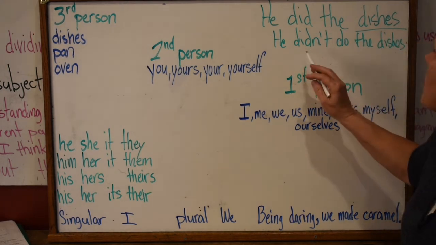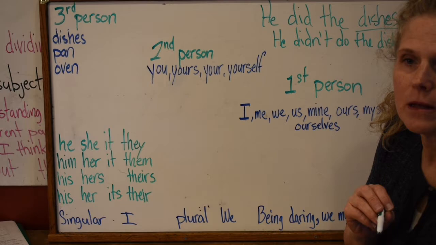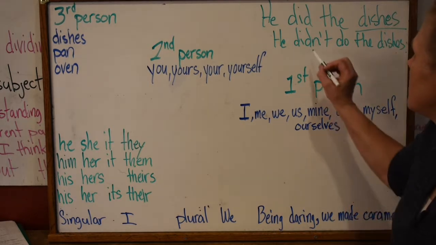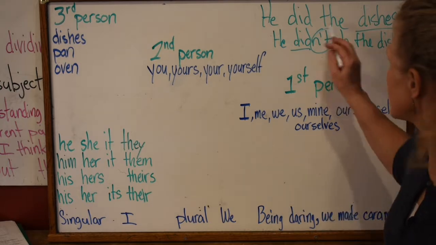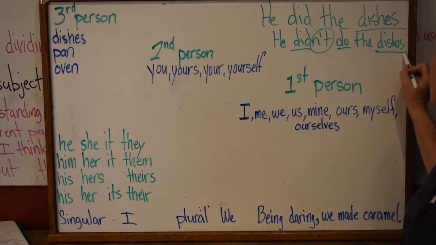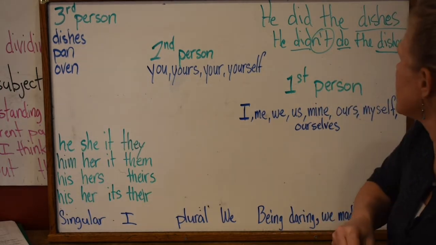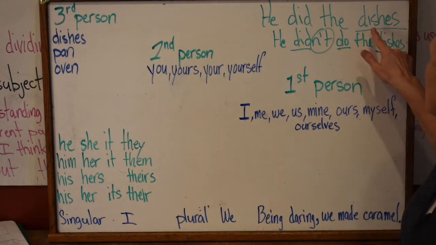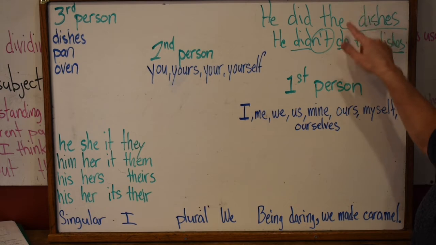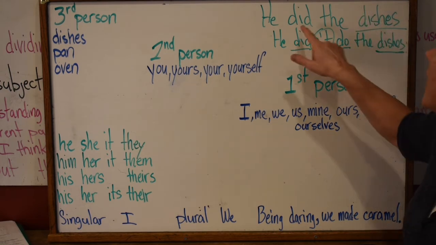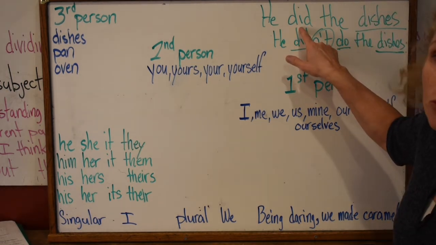Okay, so now, what's your verb in here? Did, do. Did and do. Remember, not will never be a verb. It's always an adverb. Okay, but then we have our direct object right here, right? We know that the dishes, once you have an article in front of it, you know that's a noun. So you know it can't fit in with the verb.